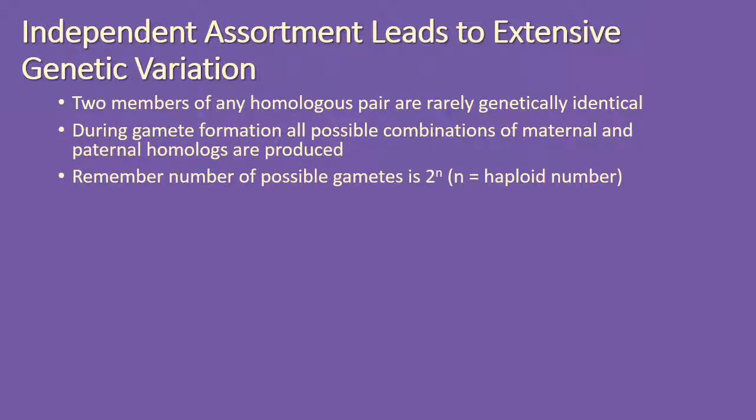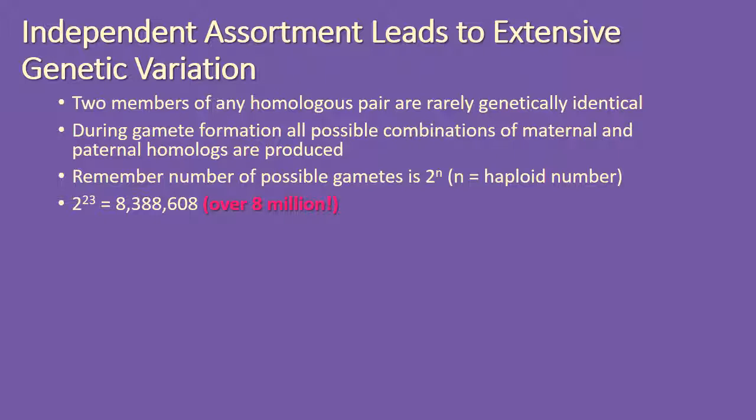So if you look at some of the math, some of the probability we've already talked about, we said that the possible number of gametes produced is 2 to the n. So if we're looking at humans, because we have 23 chromosomes in our haploid number, then that means there are over 8 million possible gametes that are produced just by one individual through independent assortment.